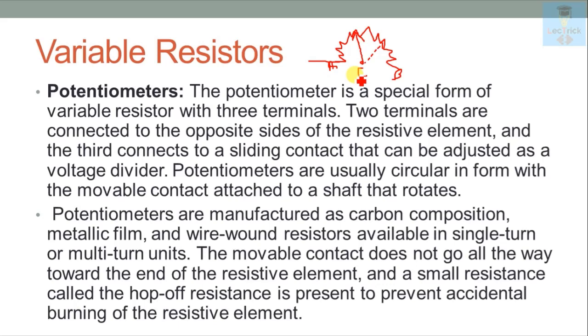The movable contact does not go all the way to the end of the resistive element. The manufacturer will always leave a small portion of resistance for safety, called hop off resistance, to prevent accidental burning of the resistive element.